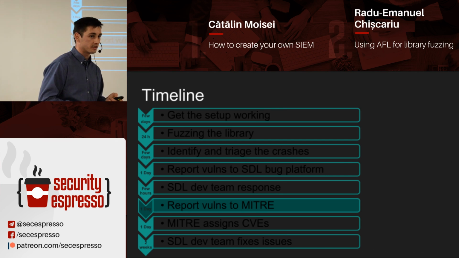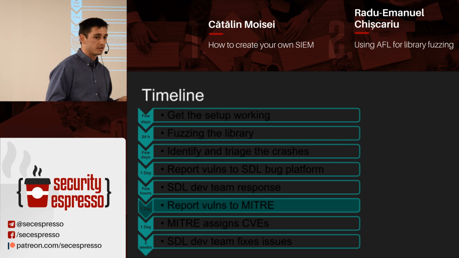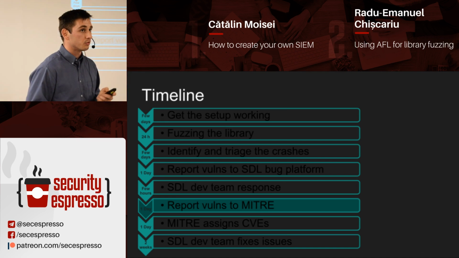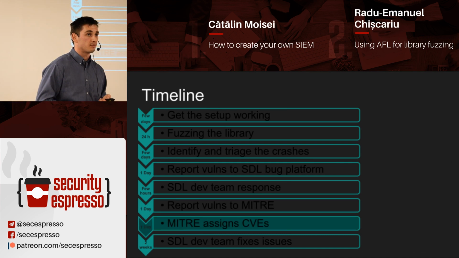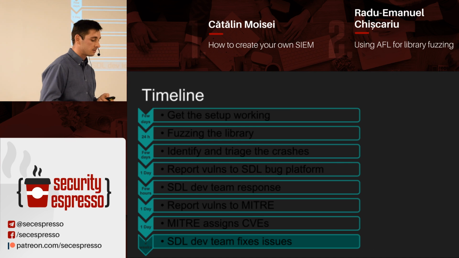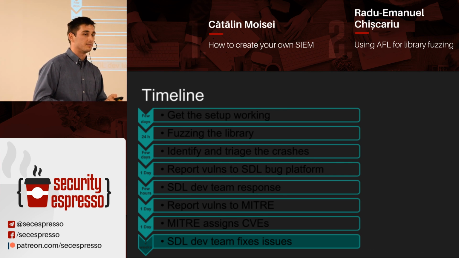Sometimes when I've reported other things to development and also to Mitre, usually the development team response was slower. So Mitre was kind enough and assigned the CVEs for my interesting findings in a matter of 24 hours. And in two weeks, the development team fixed all the issues. So if you want to exploit them on an Android application that uses the library, say bye-bye to that.